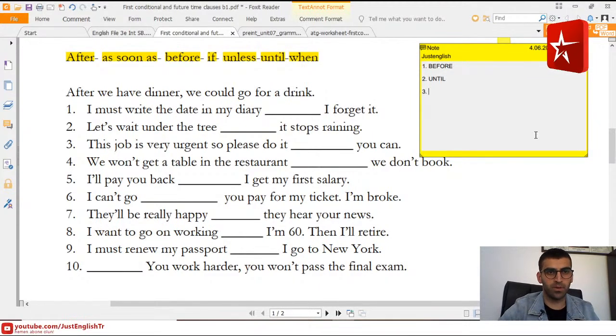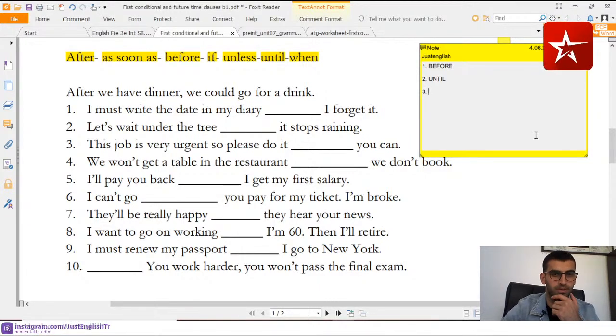And keep going on with number 3. This job is very urgent, so please do it. Gülsafa is really active today. She says the correct answer is as soon as, and we will see. Tuko says as soon as. Let me wait for other students.